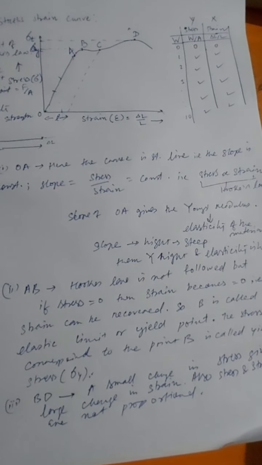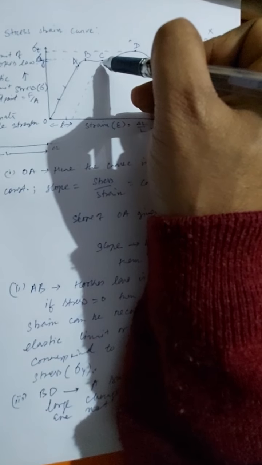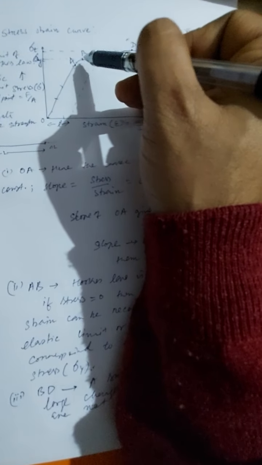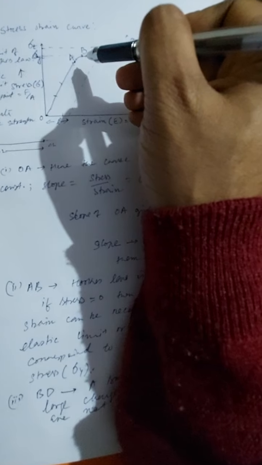Till B, if we remove the stress, that is, if the stress is 0, strain is also 0, so the wire gets back to its original length when no force is applied.